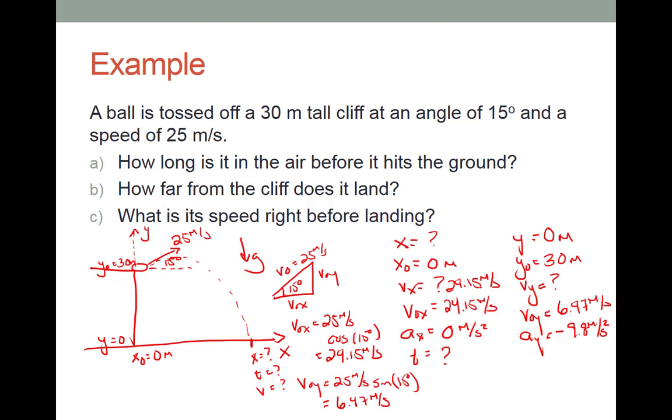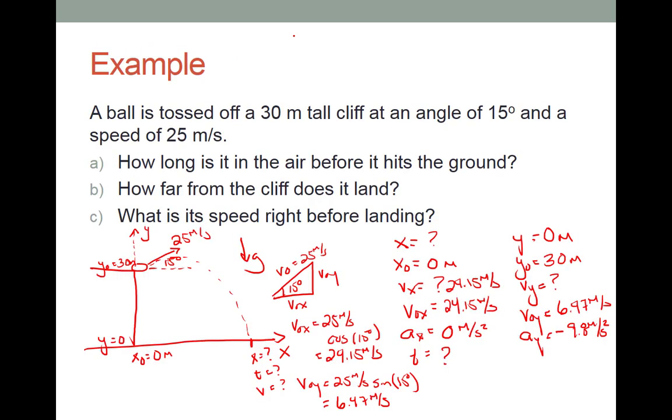Okay, so now, taking this piece by piece. The first question, part A, asks, how long is it in the air? So it's asking me to find time. I want to know time. Well, in the horizontal direction, the only equation I have is the one that goes x equals x naught plus v naught x t.